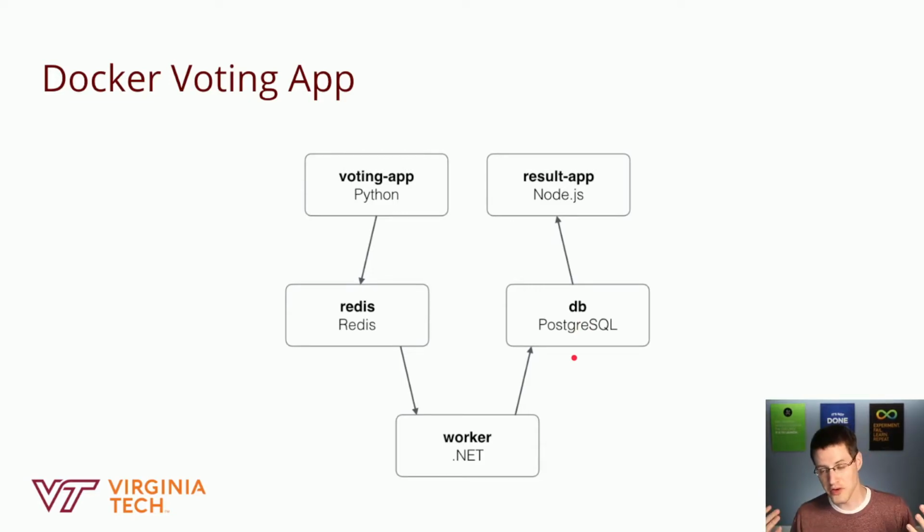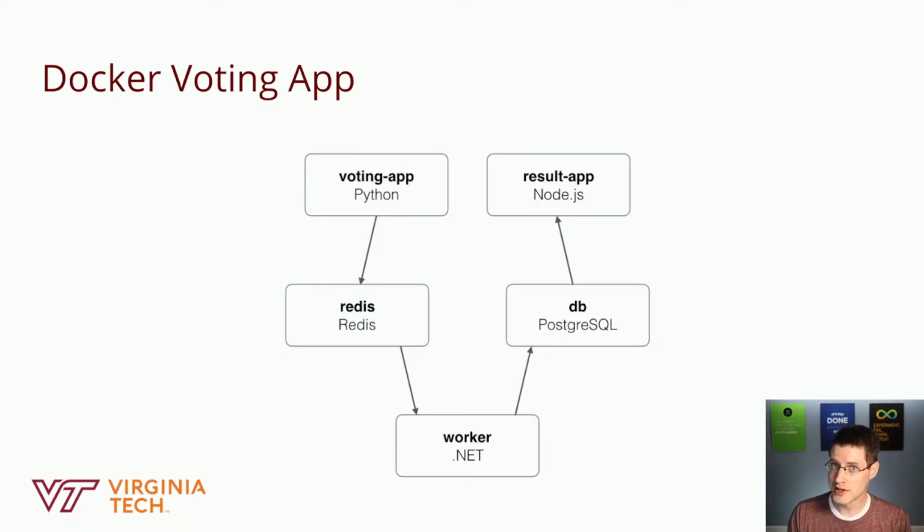So again, completely over-engineered for a very simple application, but part of the reason they use it is, well, this shows that you can run Python, Redis, .NET, Postgres, and Node all in the same application, just in containers, and it just works. And now the question is, if the voting app needs to go to Redis or the result app needs to go to Postgres, how does it know where to find those different containers?